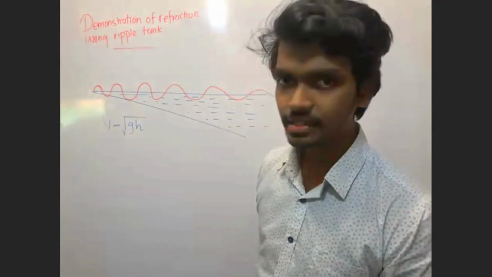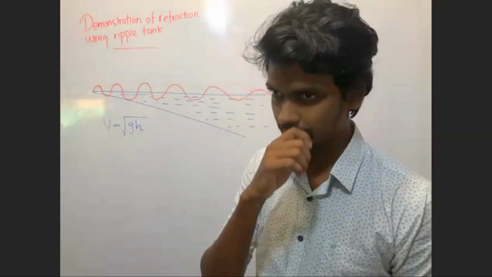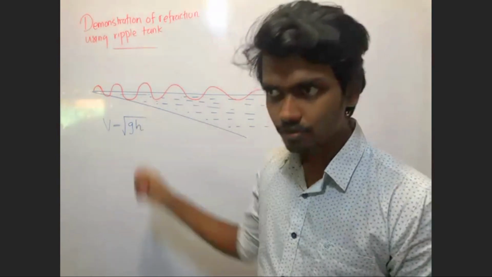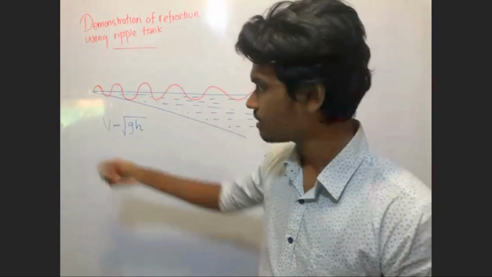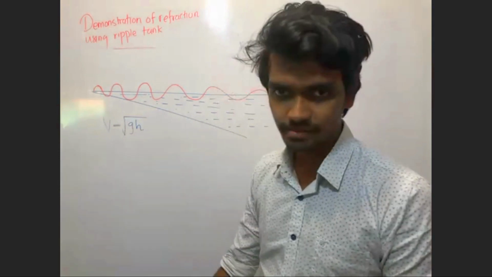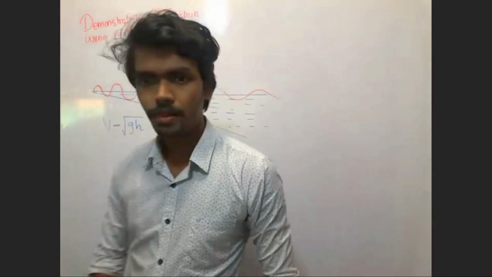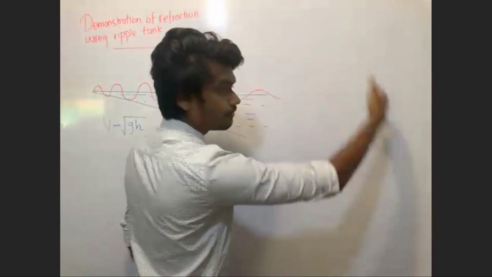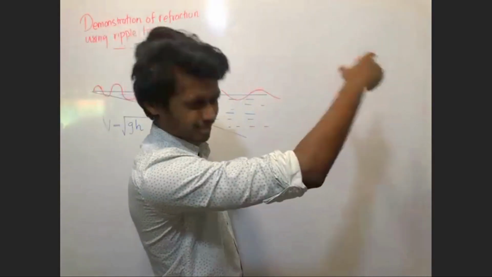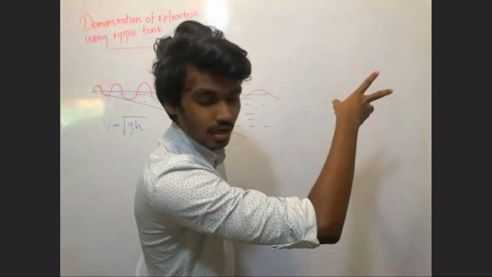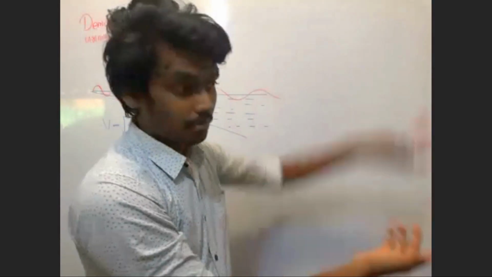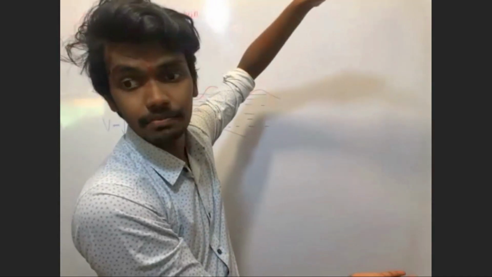When height varies, velocity varies. At the deep sea, the velocity of water waves is very high because it has a large depth.